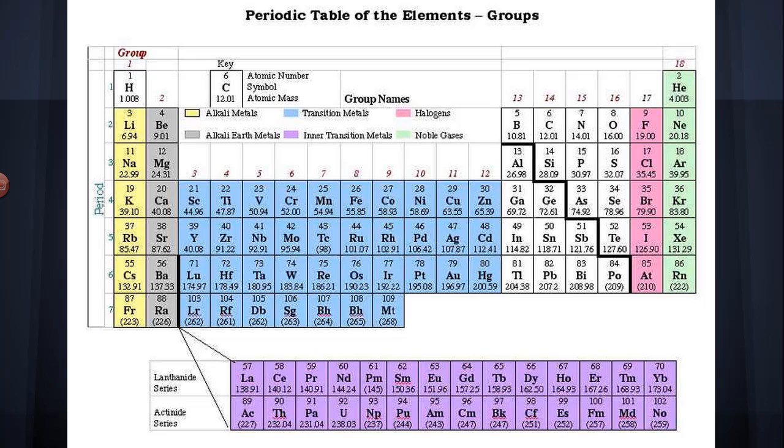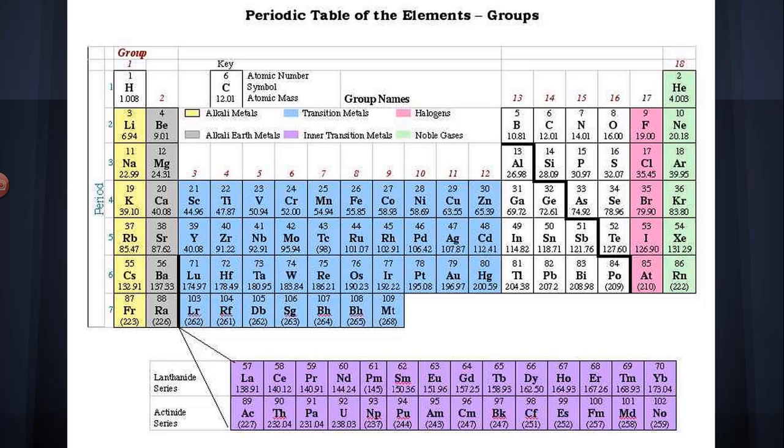And the first family that you need to be aware of is over here, group number 1, the extreme left of the periodic table, not really including hydrogen, even though hydrogen appears to be there. Hydrogen kind of floats back and forth from one side to the other as needed by its properties. But I'm talking about these: lithium, sodium, potassium, rubidium, cesium, and francium. Those elements are called the alkali metals. And they are very reactive.